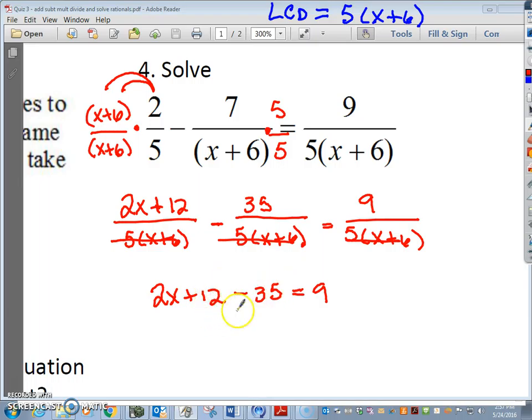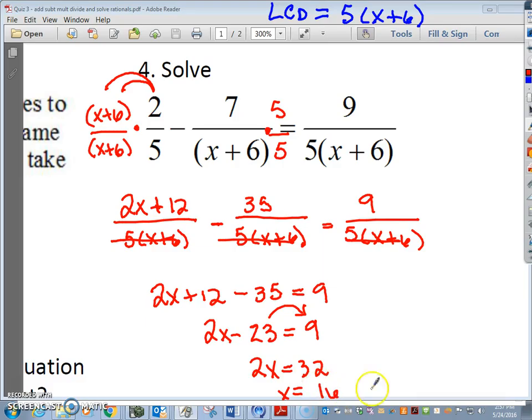Combine like terms. 12 minus 35 is, let me get a calculator. 12 minus 35 is negative 23. So 2x minus 23 is equal to 9. Move the 23 over. So that's 23 plus 9, 32. 2x is equal to 32. And x by itself, we divide by 2, x is equal to 16. And that's all.